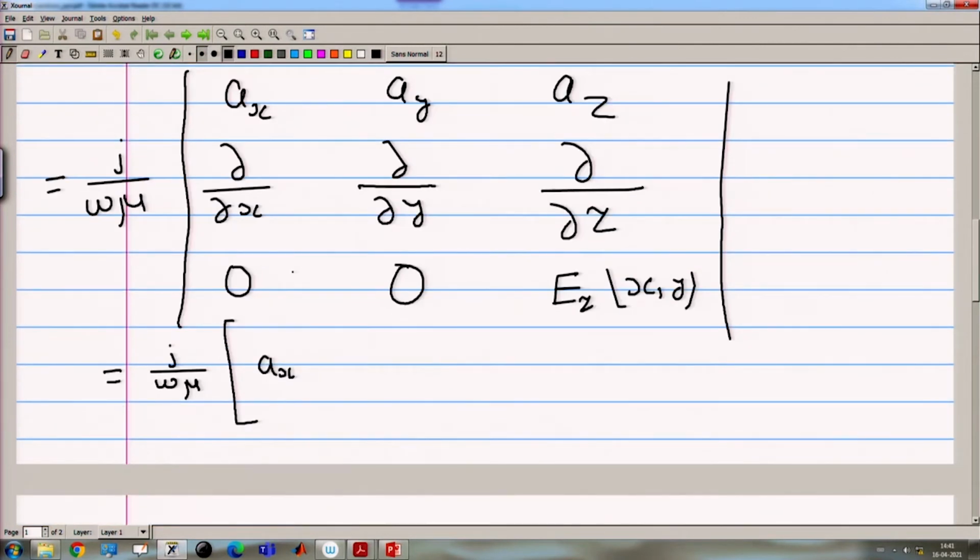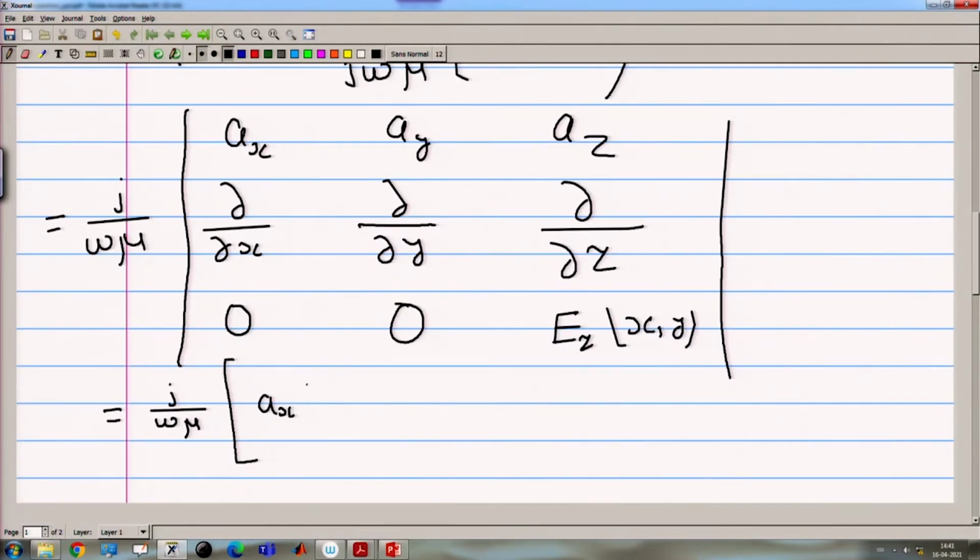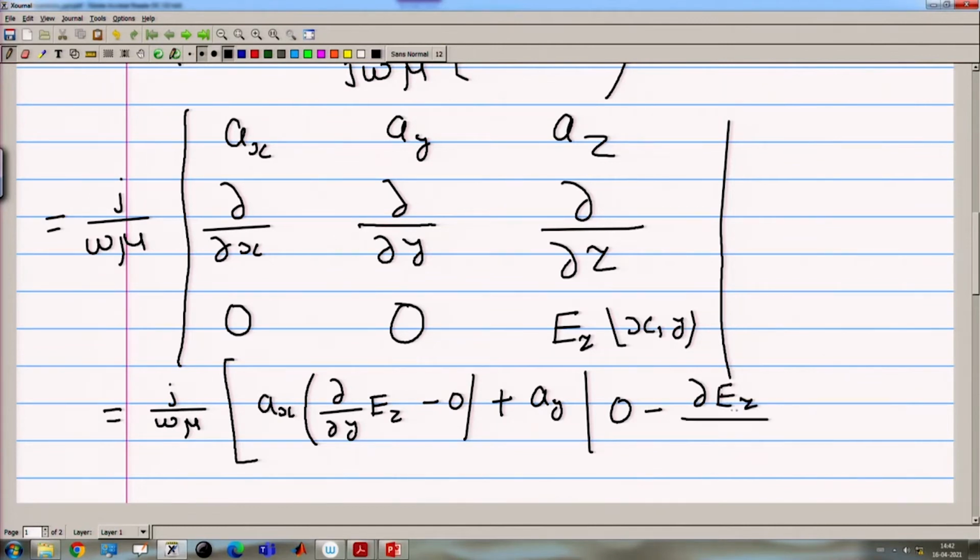So, del of del y E z minus 0, plus a y times 0 minus del of E z by del x, plus a z times 0 minus 0. So, the a z component will be 0.